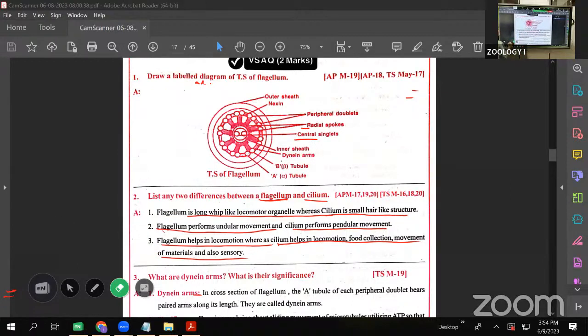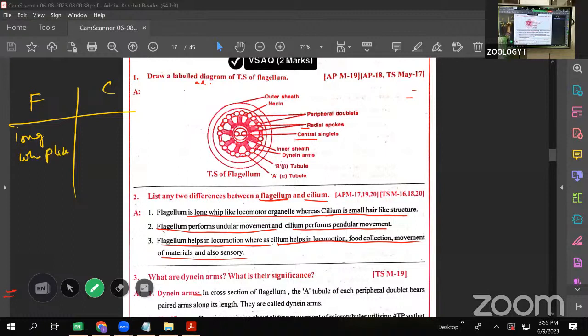So many differences are there, but here only 3 or 4 are important. First, F for flagella, C for cilia. Flagella are long whip-like. Cilia are small hair-like.